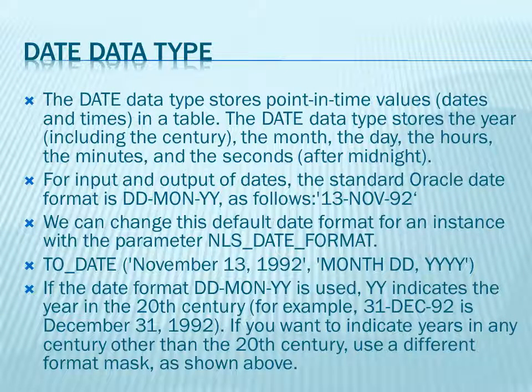Next is the date data type. The date data type stores point-in-time values, dates and times, in a table. It stores the year including the century, the month, the date, the hour, the minutes and the seconds. For input and output of dates, the standard Oracle date format is DD-MON-YY.